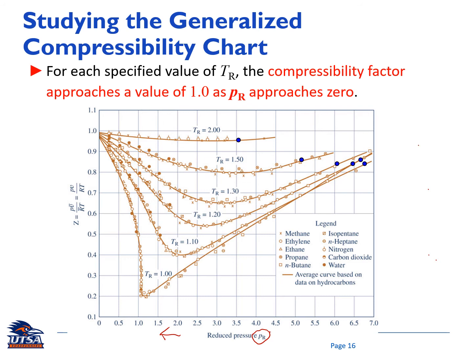Let me see how I can play around with this. It looks like I cannot play around with this one. Let me check. Oh, it's working now. See, the blue dots are going to the single point Z equal to or around 1.0 when PR is close to 0.